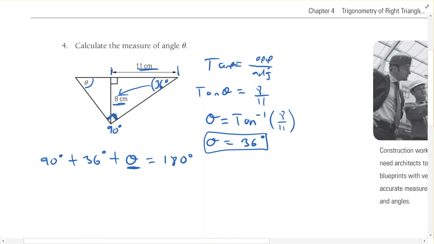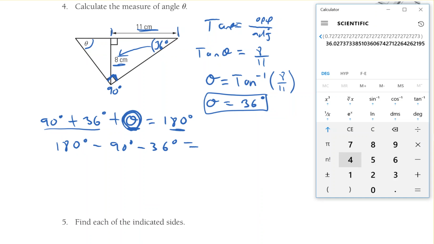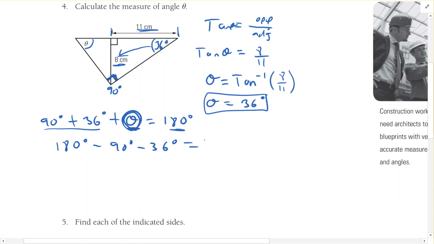If I want to figure out what that angle is, all I need to do is go 180 degrees and subtract everything else. So 180 minus 90 degrees minus 36 degrees, I should end up with what's left, and that's that angle. So 180 minus 90 minus 36 is equal to 54 degrees.